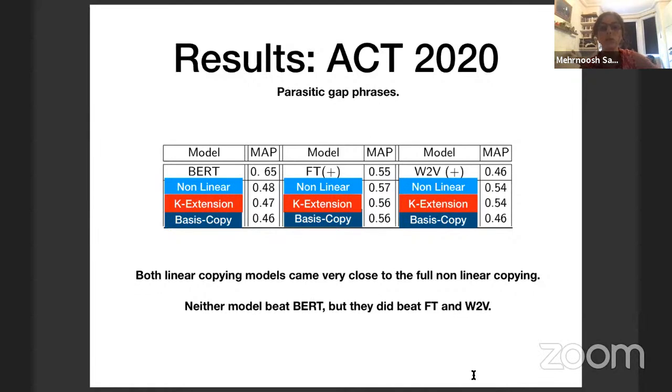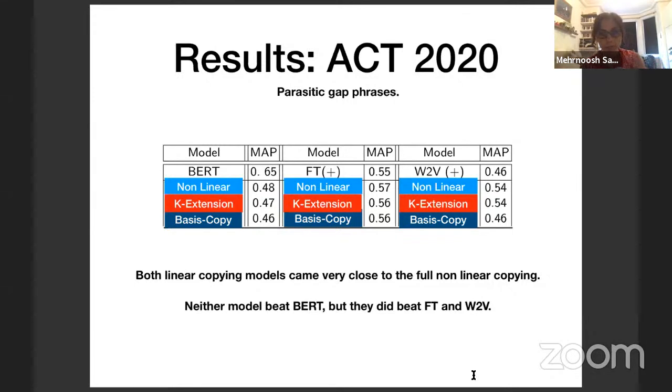One is that you want to see which one of your linear copying operations, K extension or basis copy, works better, and which one of them comes close to the full nonlinear copying operation, where if you have a vector, you don't care about the categorical semantics underneath, and you just copy the vector, V goes to V tensor V. So you have two full copies of your vector. If you don't want to have nonlinearity, you want a firm categorical semantics underneath, which one of your linear copying models comes close to the nonlinear copying model? That's goal number one.